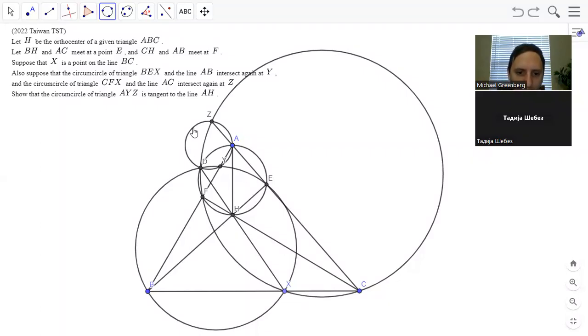So, okay, we can use inversion with radius square root of BH times HE. So it swaps, okay. So the first circles we draw are like, sorry.